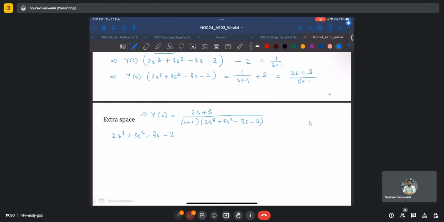Now, the way I solved it is by inspection. We can see that s equals 1 will be a solution. So we can have a component s minus 1, and so I want 2s square.